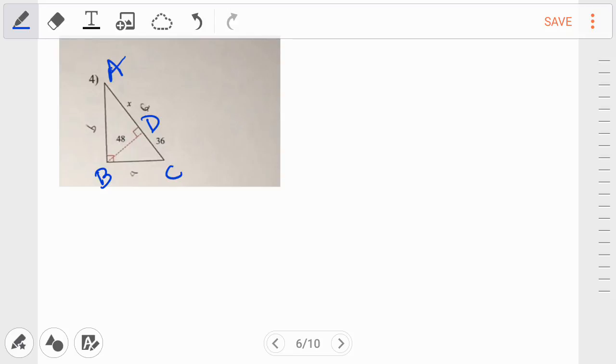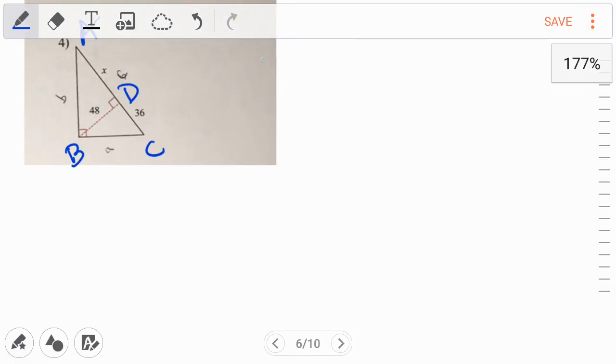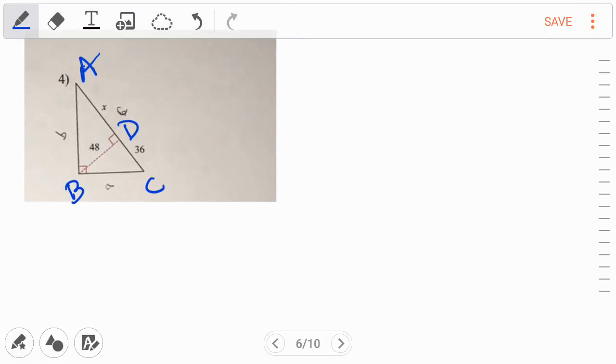So most of the time when you have something like this X plus 36 kind of format, use the two smaller triangles. Okay, so our first triangle is going to be ABD. Our second triangle is going to be BCD.